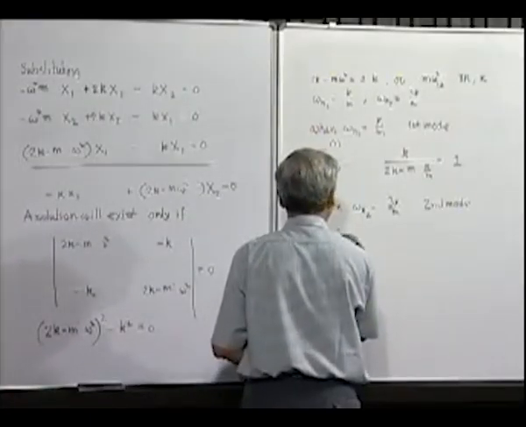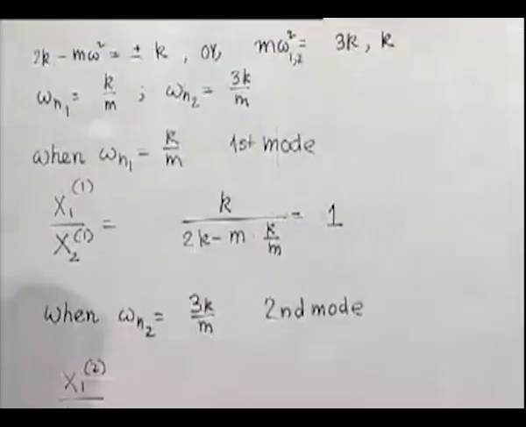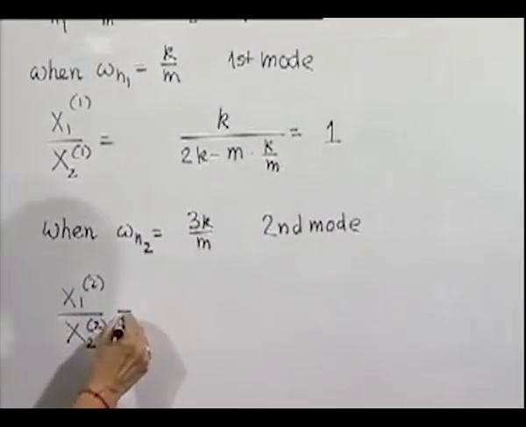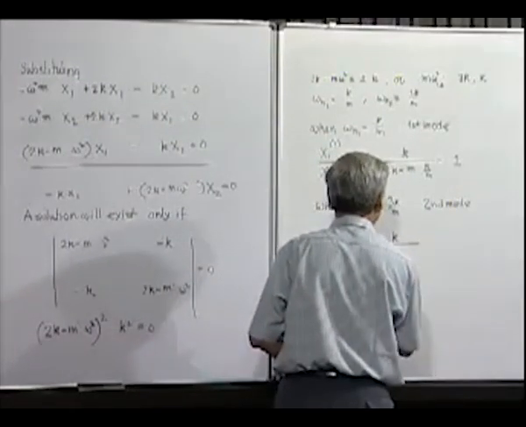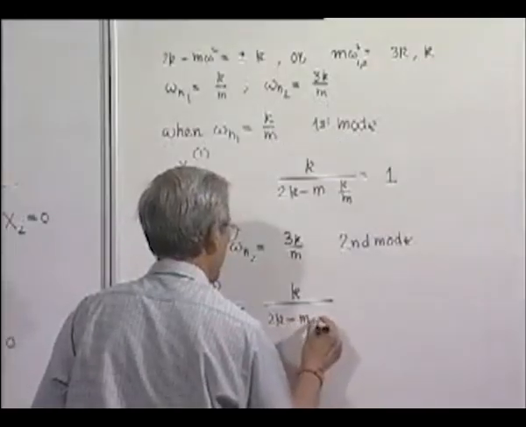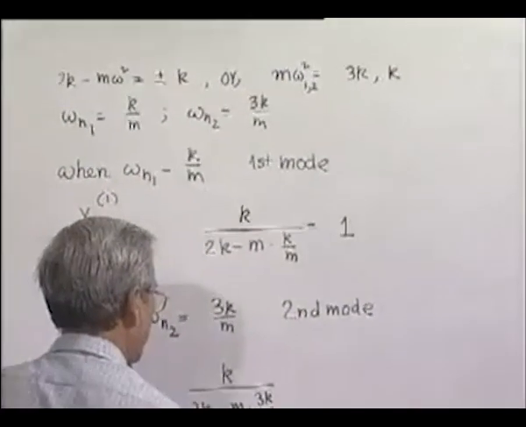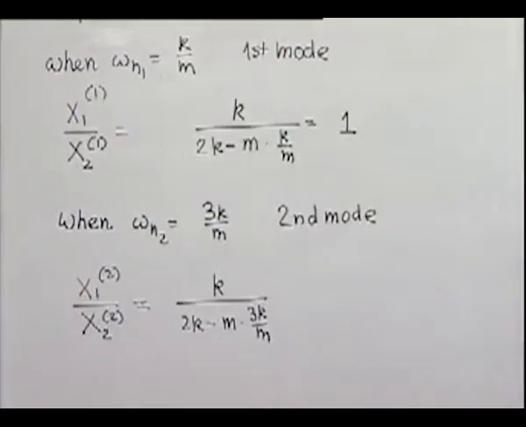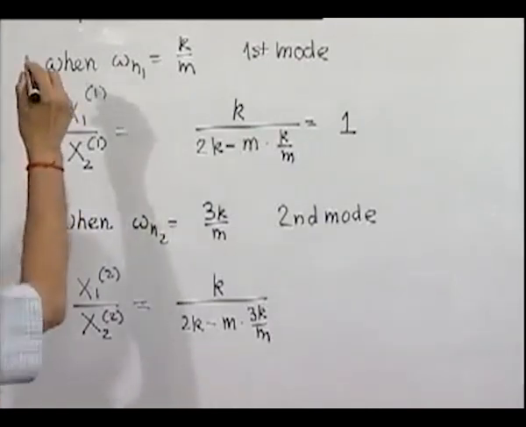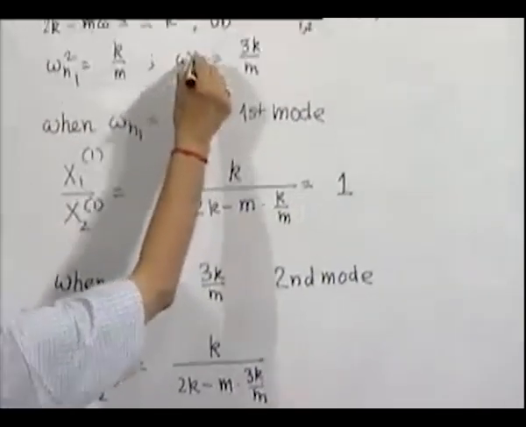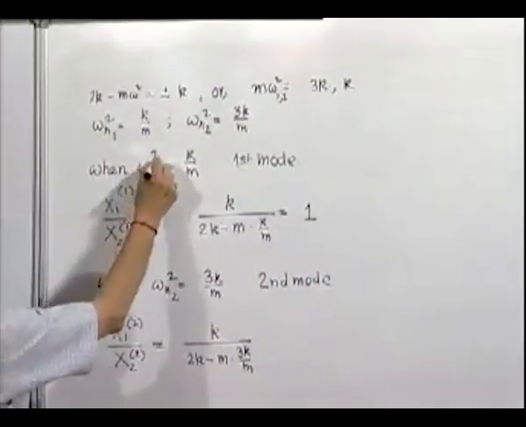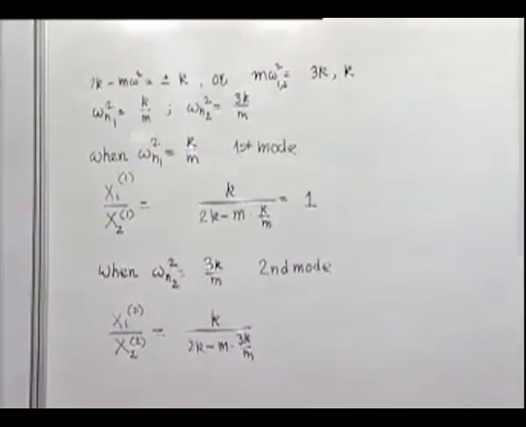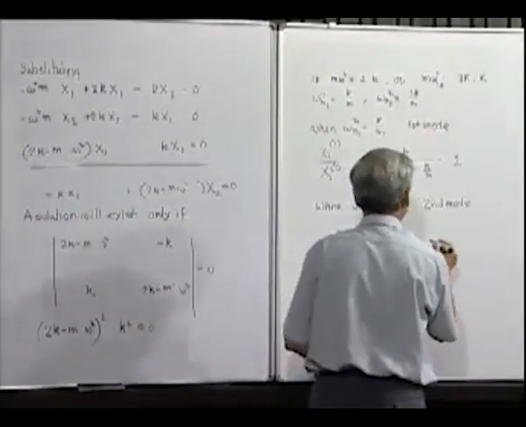So, it is simply 1. When omega n2 is equal to root 3k by m, that is the second mode, then if we substitute it here, x1 for the second mode by x2 for the second mode is equal to k by 2k minus m times 3k by m, because of omega n2.